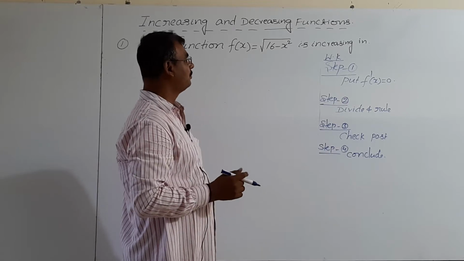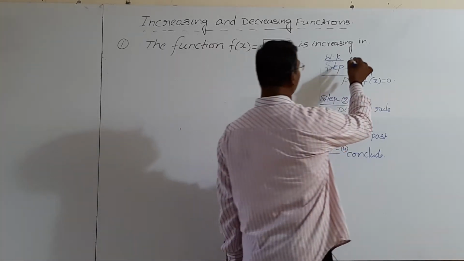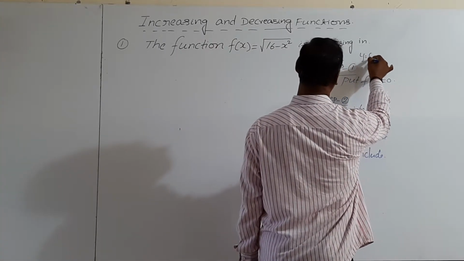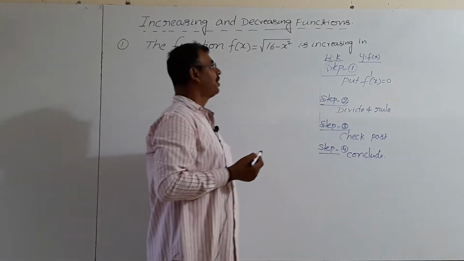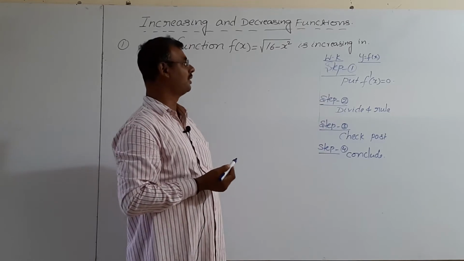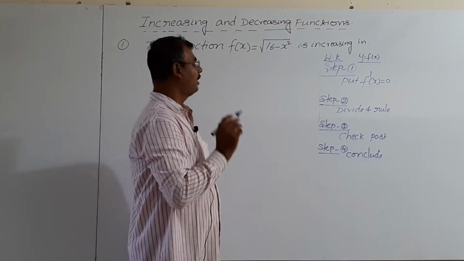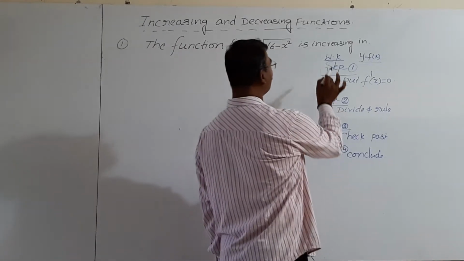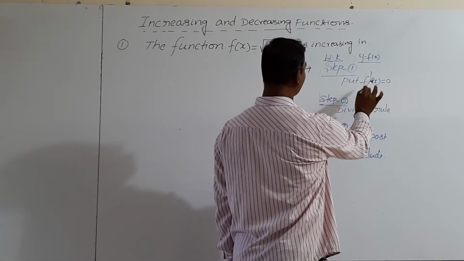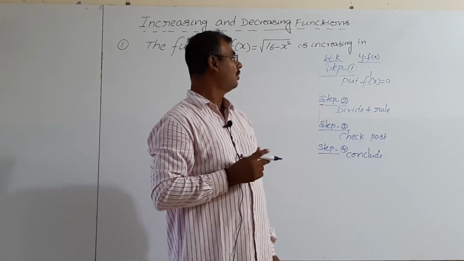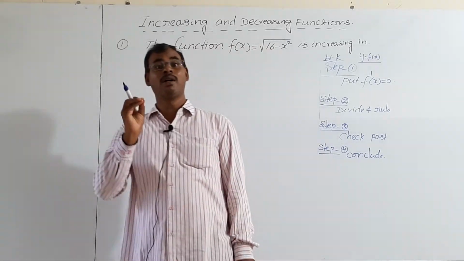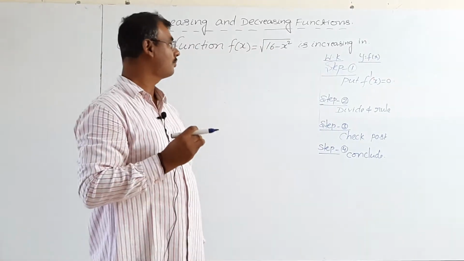For example, y is equal to f of x is a continuous differentiable function. In this case, what to do? Firstly, we have to find the derivative of f of x.